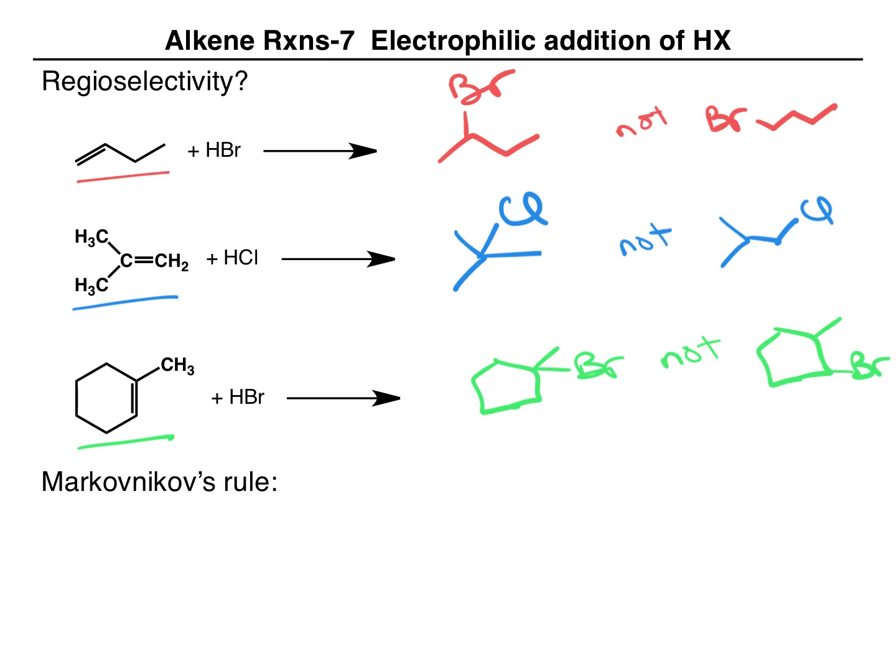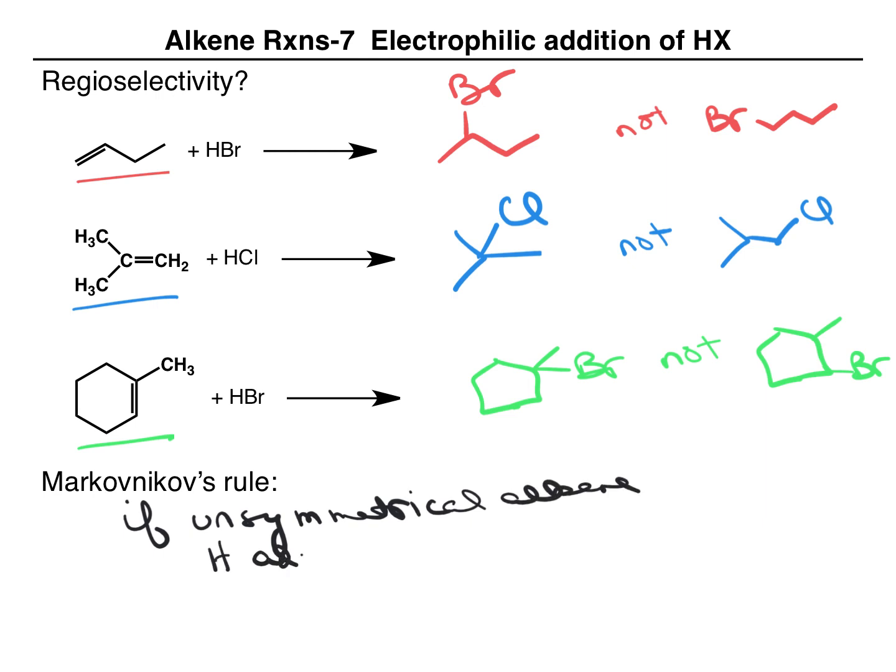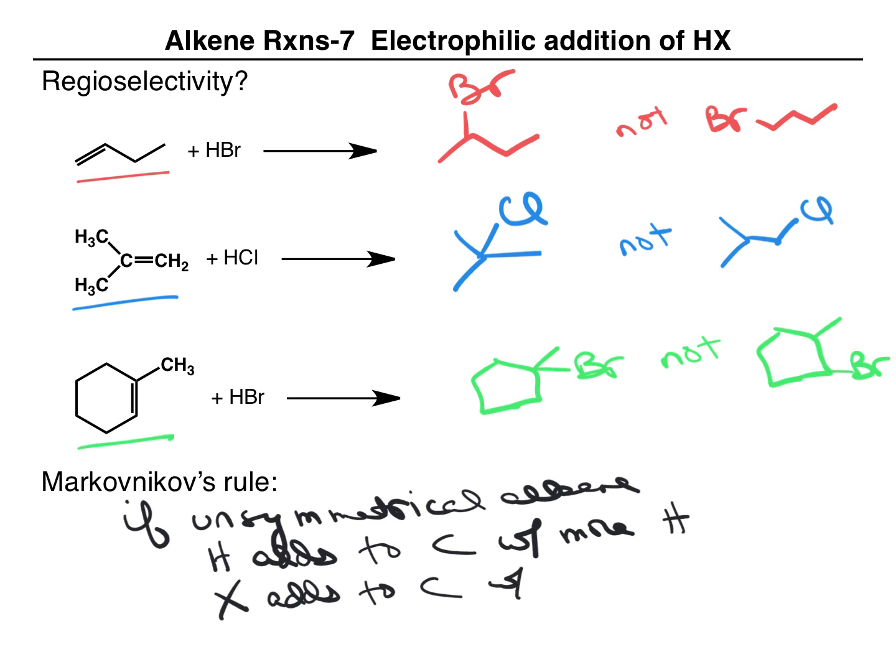So the way to think about this is that if we have an unsymmetrical alkene, then the hydrogen adds to the carbon that started out with more hydrogens, and then X adds to the alkene carbon with fewer hydrogens.